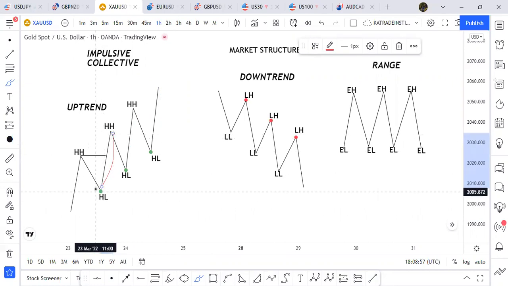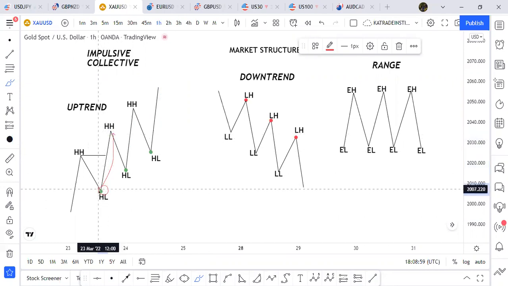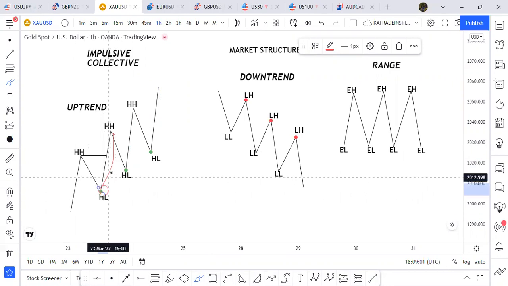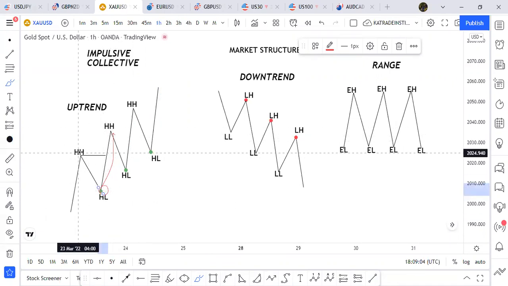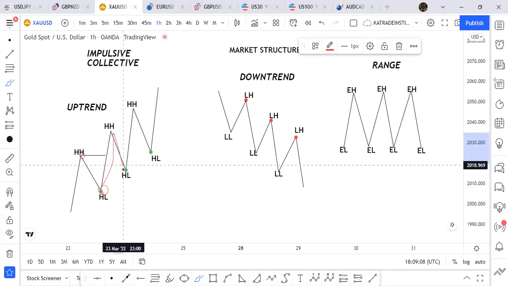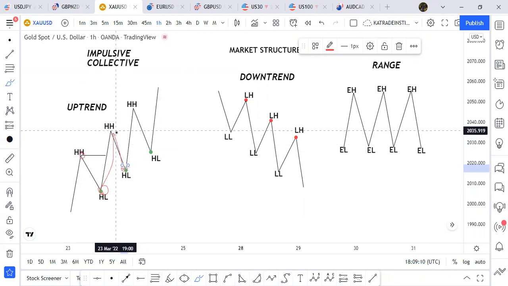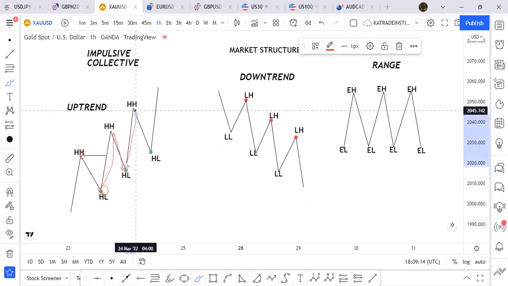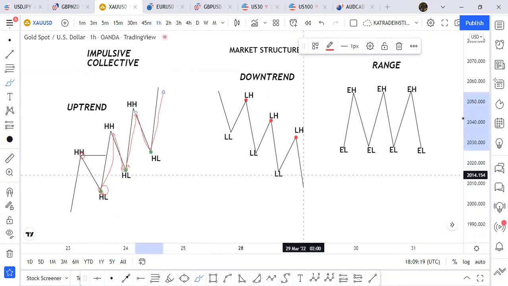I hope you are getting me. In an uptrend, we trade only the impulsive move. We don't trade the collective. So the collective here, we don't trade. We trade the impulsive.